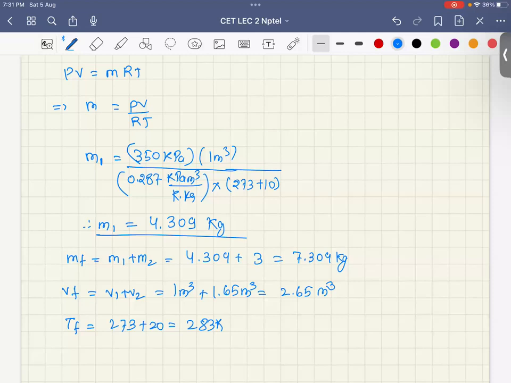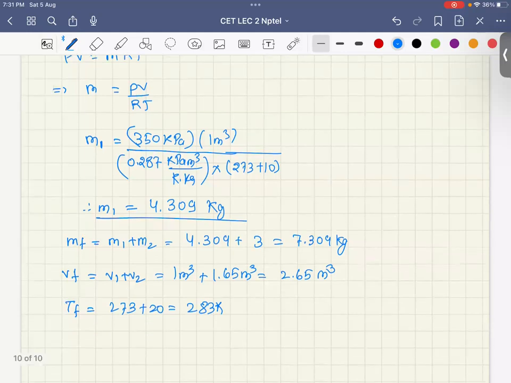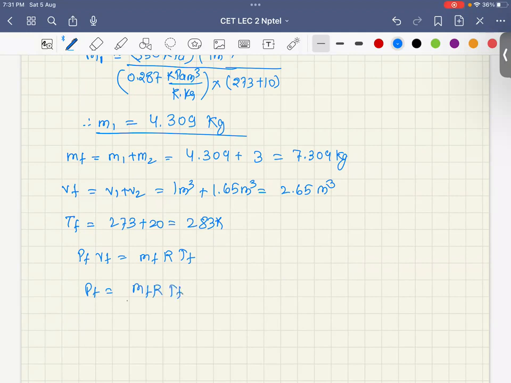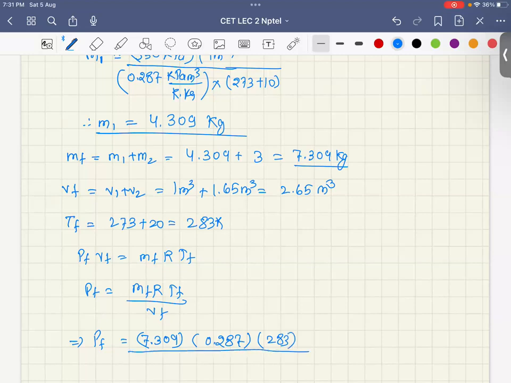Okay. So now PF VF equals mF R' TF, right? So PF is nothing but mF R' TF by VF. So PF is nothing but mF, which is 7.309, multiplied by 0.287, multiplied by TF. Sorry, that is 293, this is 20 degrees, right?